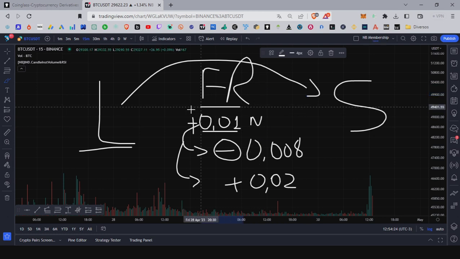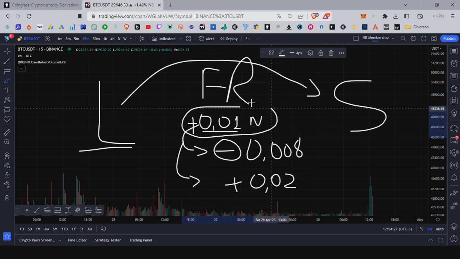So this is a way to analyze the market, putting 0.01% as your zero line. But if your funding rate is neutral and you are in a long position, you're gonna pay. If you are in a short position, you're gonna receive, right?